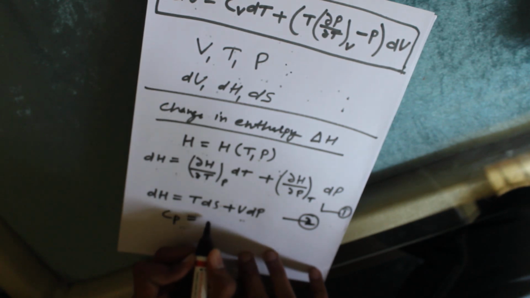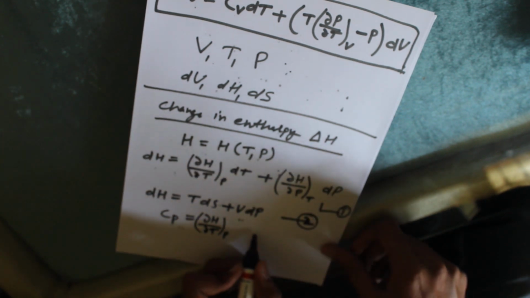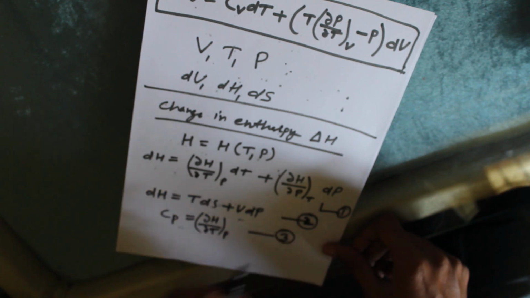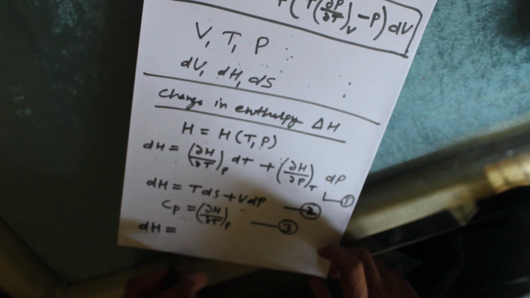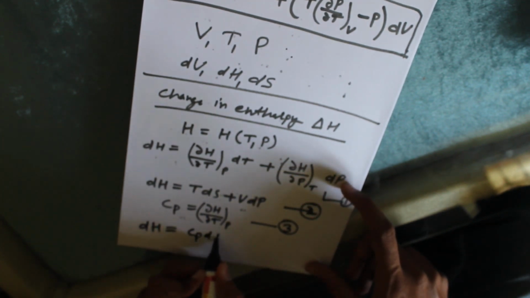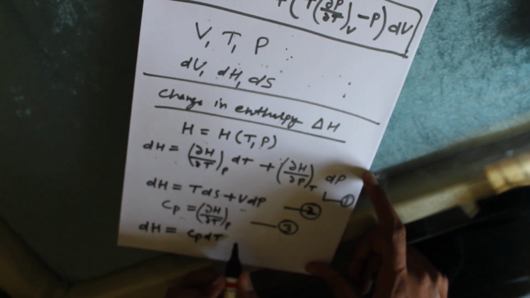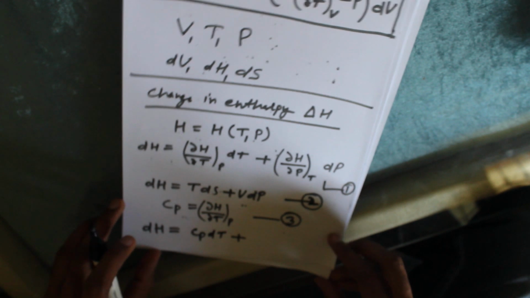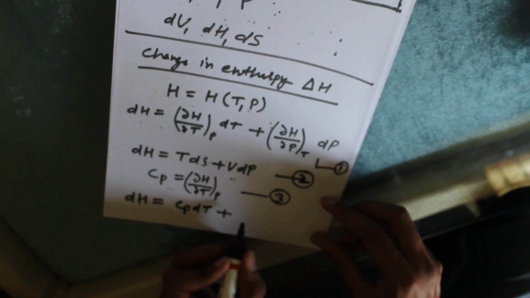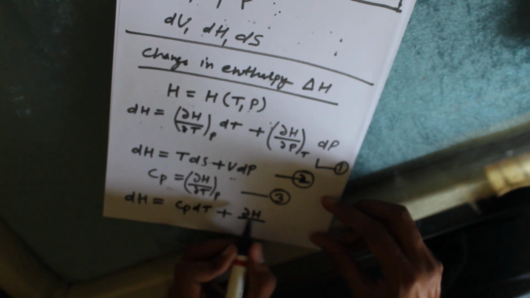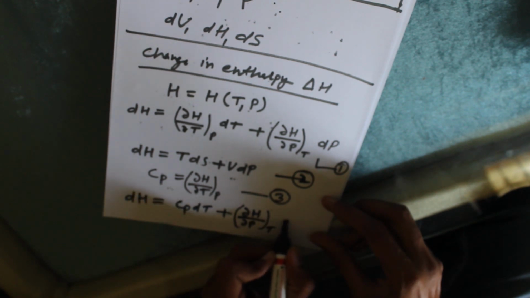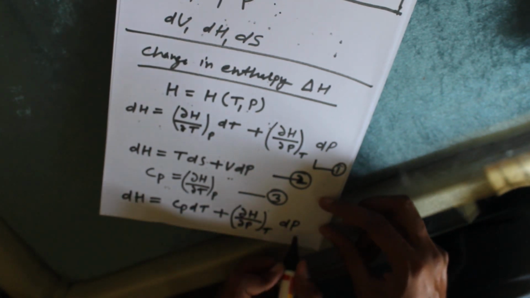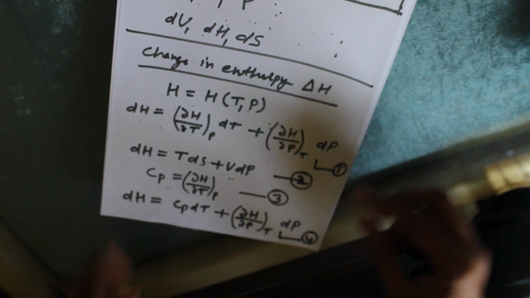Cp equal to del H by del T. So replace equation 3 in equation 1, then dH will be equal to Cp dT plus second term, del H by del P at constant temperature dP. Let's say this is equation 4.